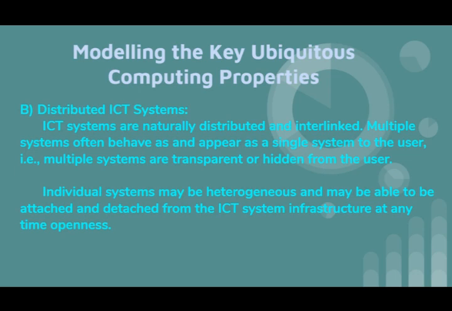ICT systems are naturally distributed and interlinked, which means there is no rule that your devices must be in a particular place to access this. If your server is in Australia or somewhere else, you still need to access the information at that particular moment. So this is the distribution.